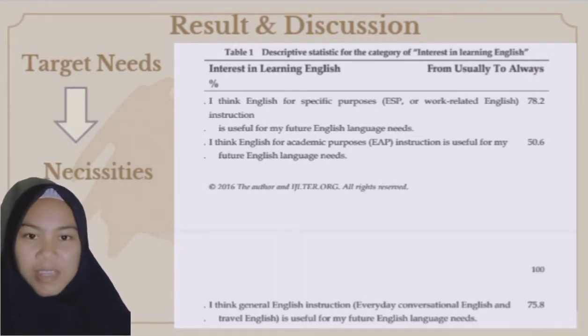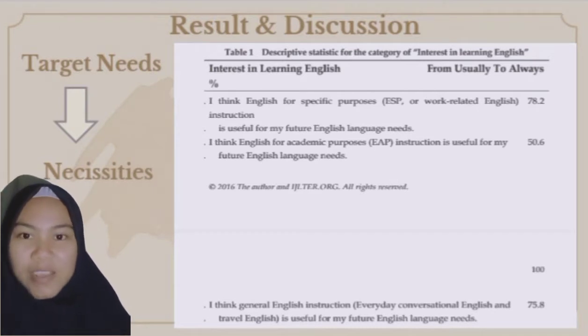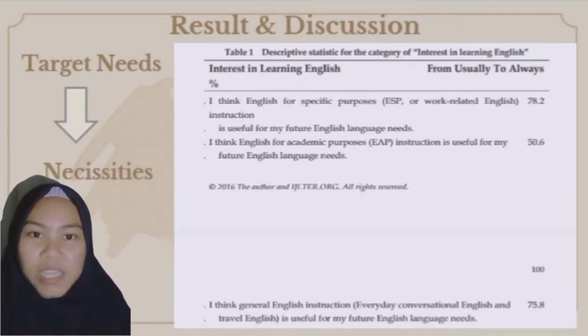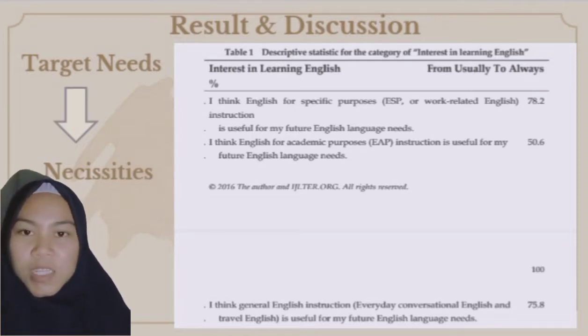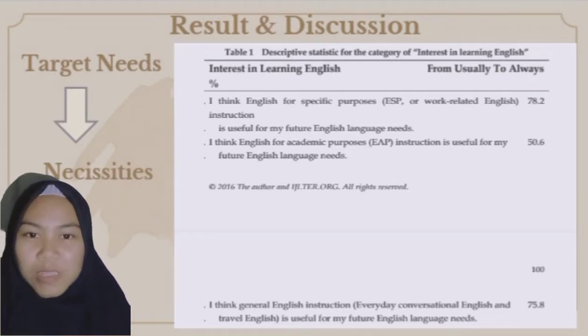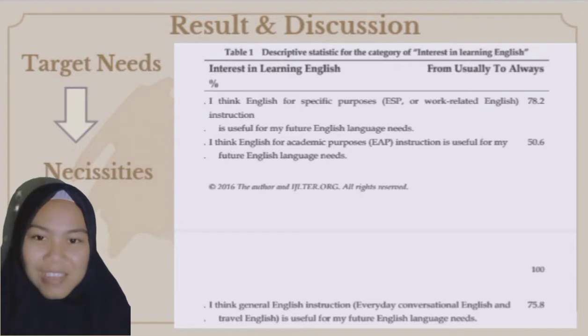The necessities are shown in the journal article with some statements from the participants, or from the students. The first statement is, I think English for specific purposes, or ESP, or work-related English instruction is useful for my future English language needs.